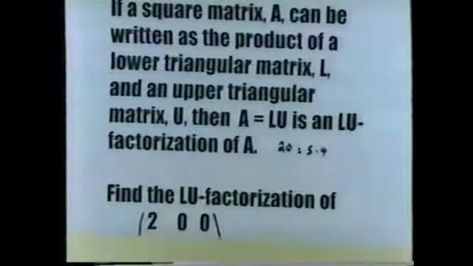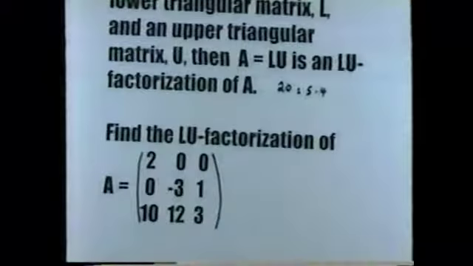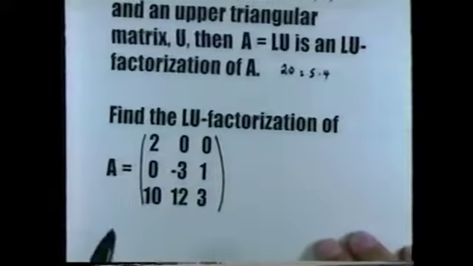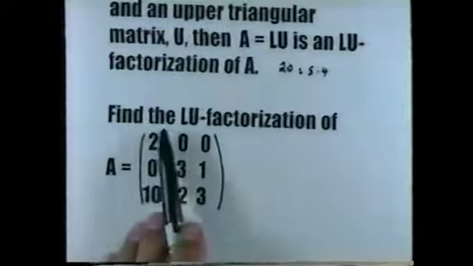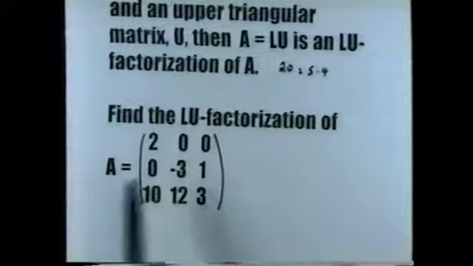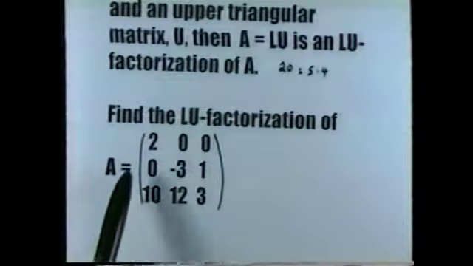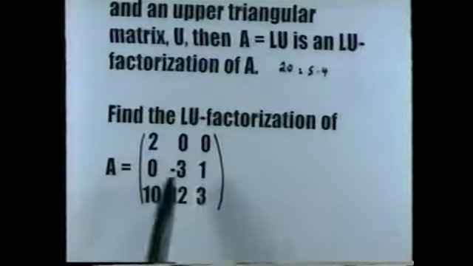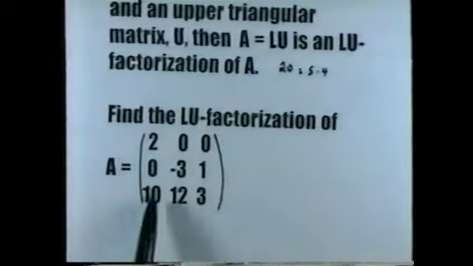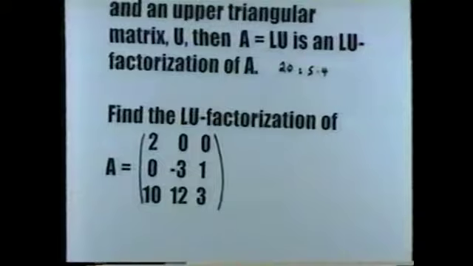The following example will illustrate the process that you always follow to find an LU factorization of a matrix. So we want to find the LU factorization of matrix A, which is 2, 0, 0, 0, negative 3, 1, 10, 12, 3.